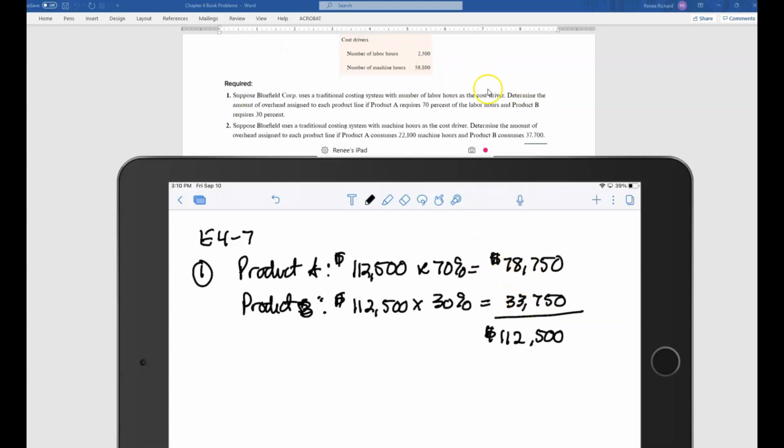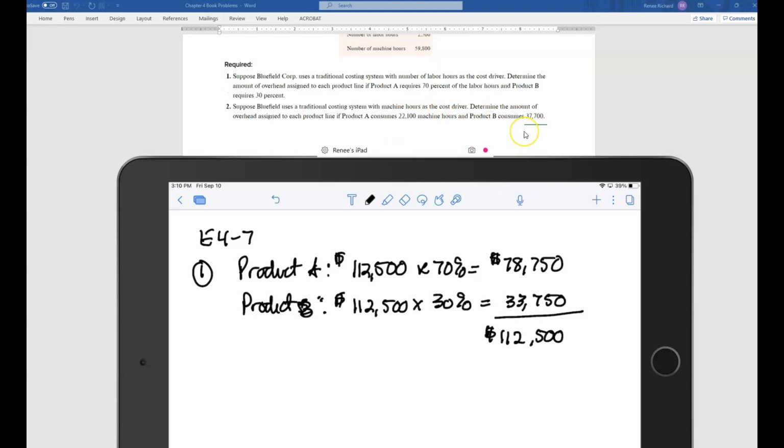Okay. Requirement 2 says they use traditional costing system with machine hours as the driver. And product A consumes 22,100 machine hours and B consumes 37,700 hours. So we're going to look at it a different way here.